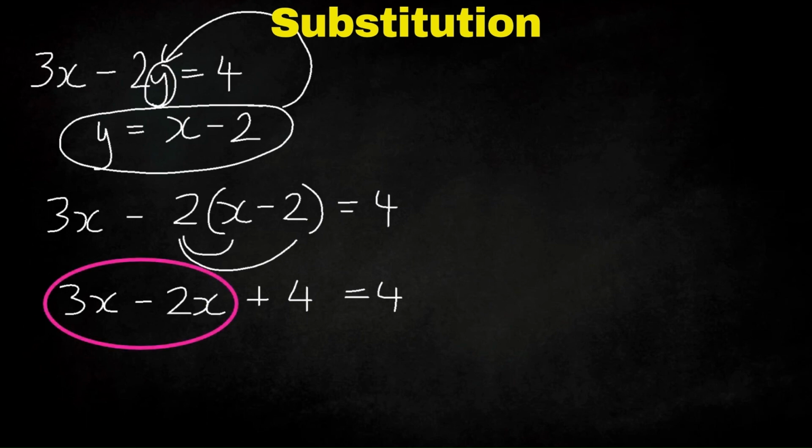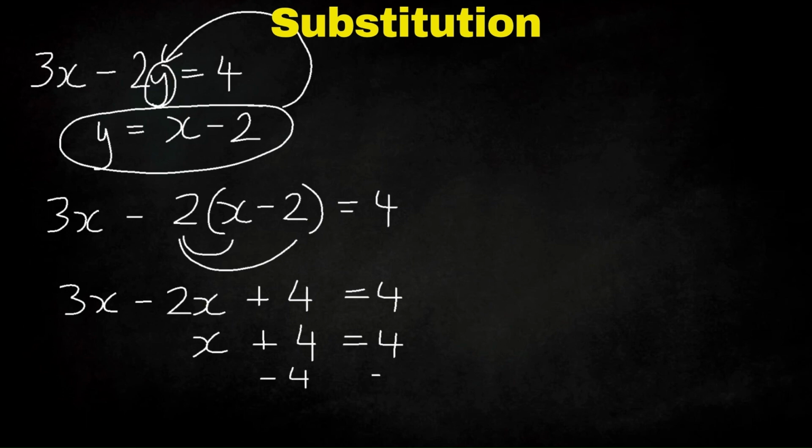Can you see these like terms? 3x minus 2x will give us 1x. Finally, we can isolate x by subtracting 4 from both sides. Therefore, x equals to 0.